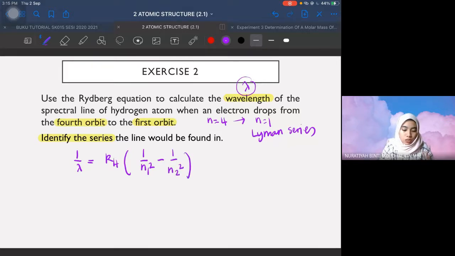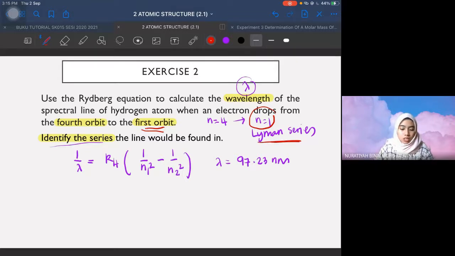Okay. So then you will find the lambda. It will be 97.23 nanometer. Okay. The series, boleh identify from here. Since dia turun to first orbit, that means that it is Lyman series.